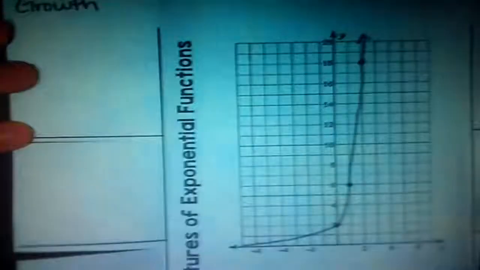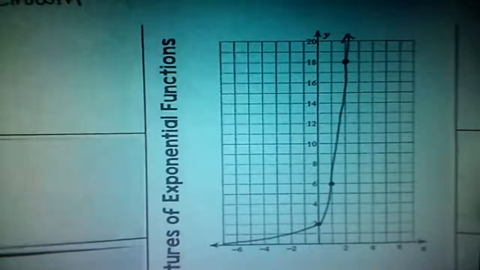All right. So let's talk about this. What's one thing you can tell me about this graph? It is curved, so that makes it exponential. It's growth. Your base tells you if it's growth or not.